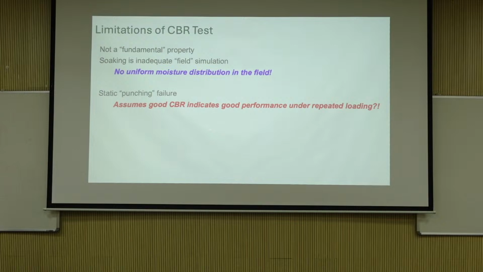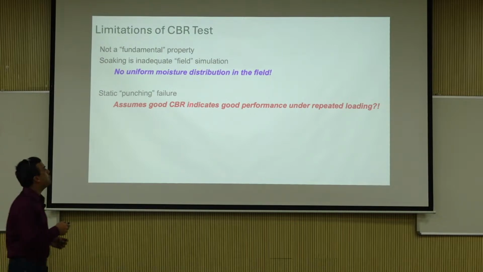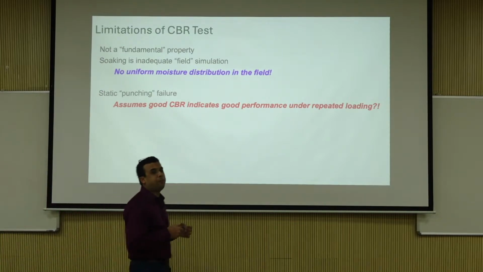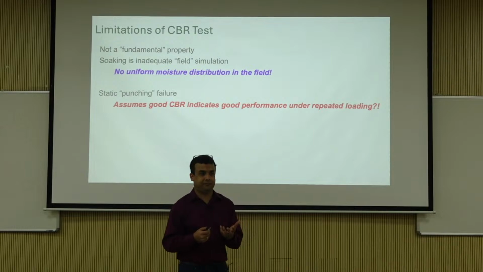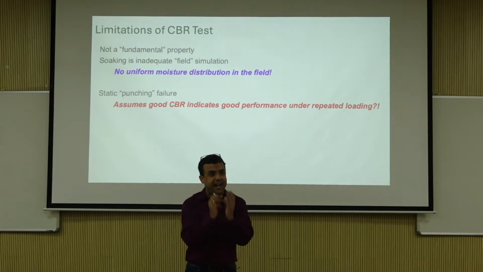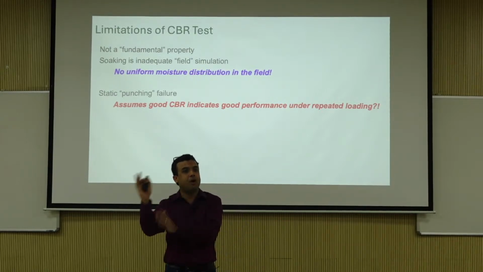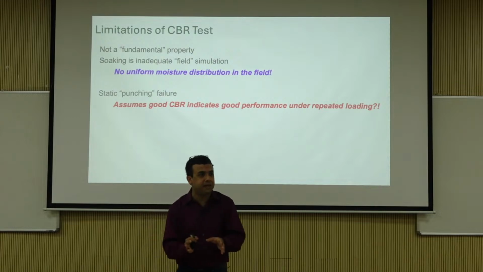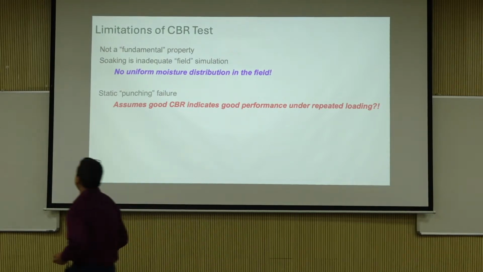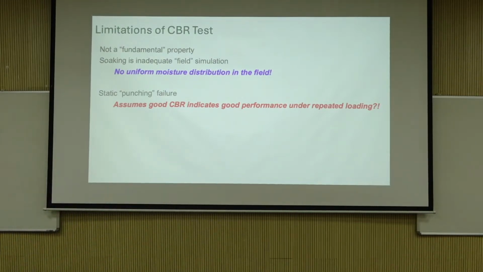Static punching assumes good CBR indicates good performance under repeated loading. Again, strength versus modulus, very different things, right? And if you want a reminder on that, how does that work? You have a stress versus strain curve, right?